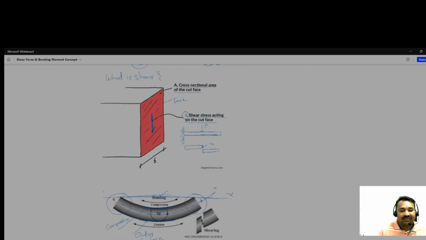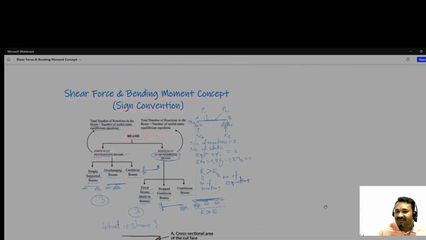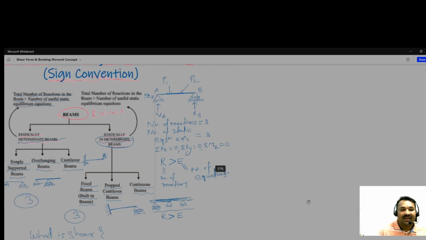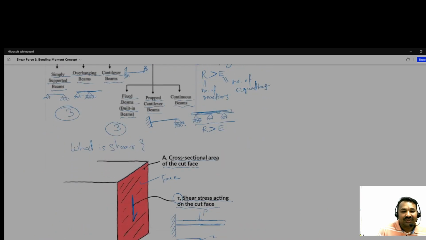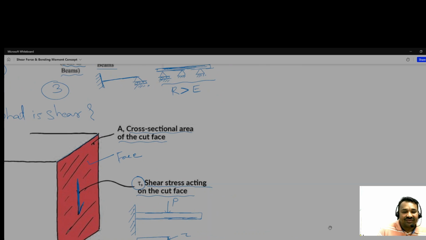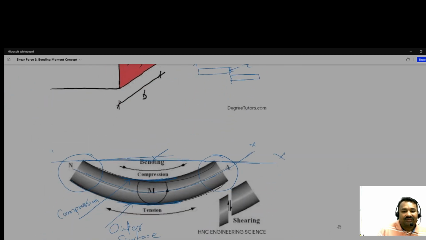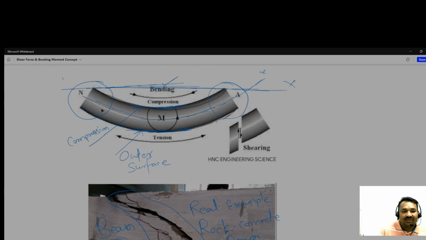Okay, so what is the shear force, and firstly what did we do, we classified how many types of beams there are. So statically determinate and indeterminate, and what is the meaning of those, then how the shear force acts, and because of that what happens due to bending.